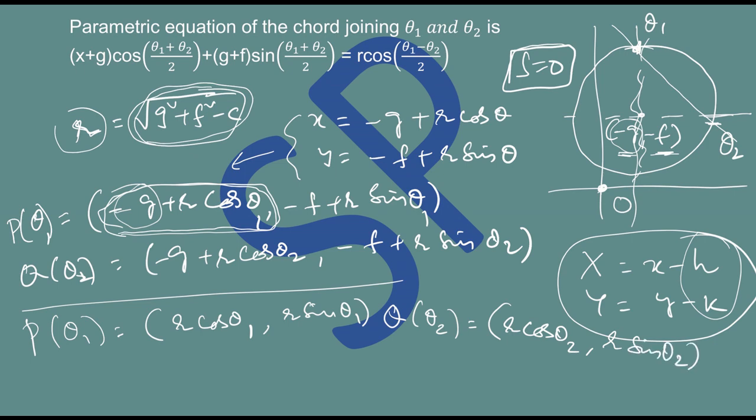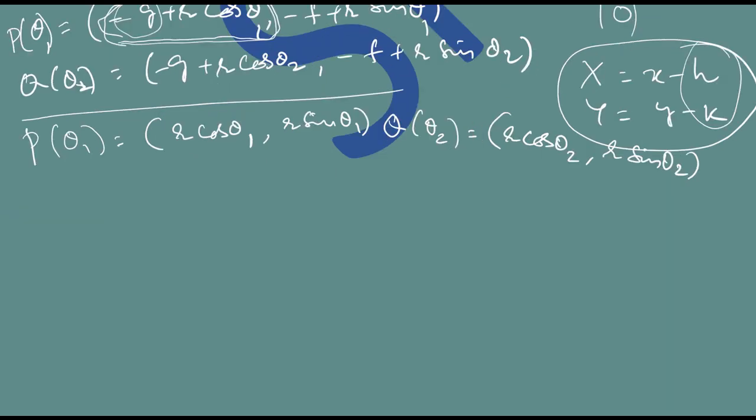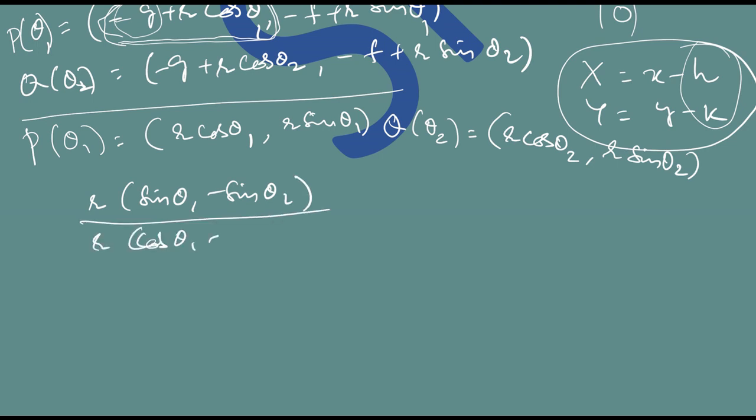And now let's find the equation of the chord in the new system. Let's first find its slope. Slope is going to be r times sin theta 1 minus sin theta 2 by r times cos theta 1 minus cos theta 2.